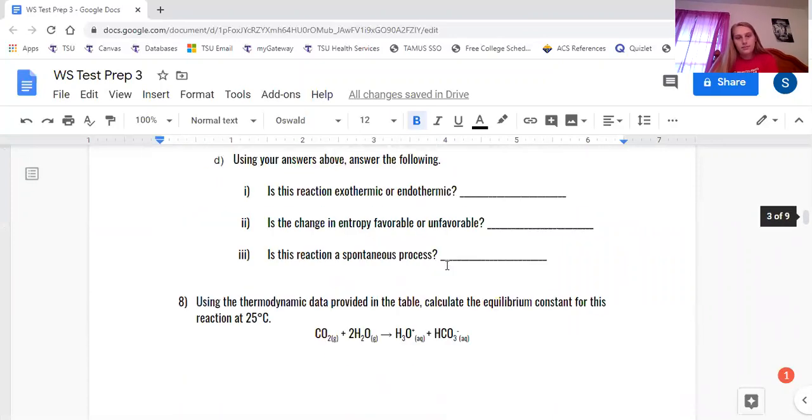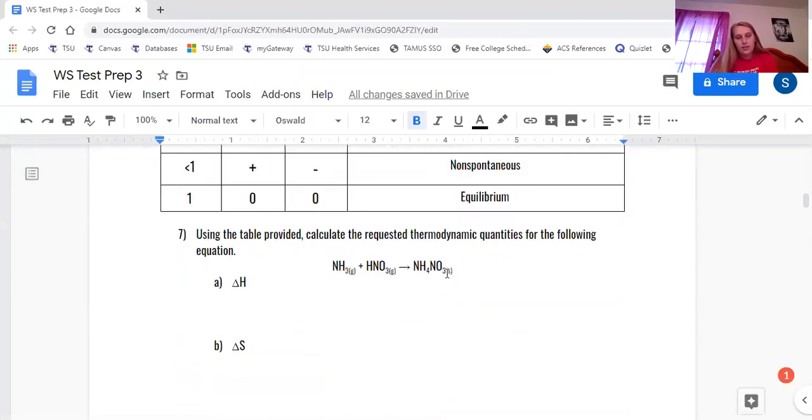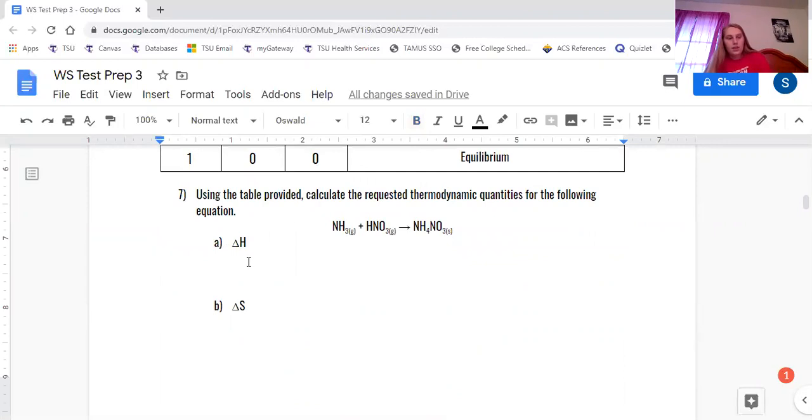So, right here, solving for delta H first. There's our equation.